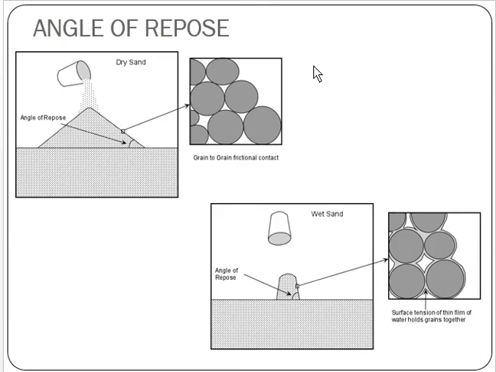Okay, and if we pour some water on this dry sand, what will happen? Due to the thin film of water, there will be surface tension between the grains, and the surface tension of this thin film of water holds these grains together so that it can form a more stable form.